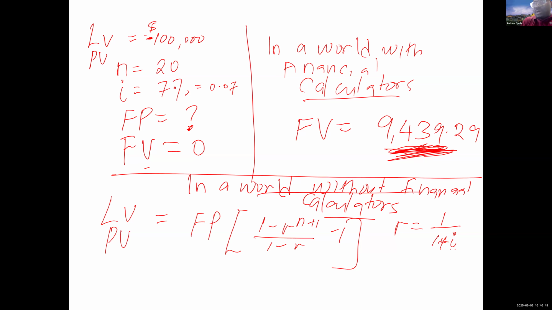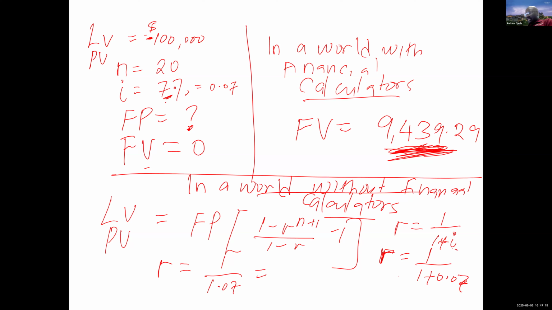So the first thing you're going to do is get that r. We know i is 7%, which is 0.07, given here. So r equals 1 over 1 plus 0.07, which means r equals 1 over 1.07. Please don't round this number.